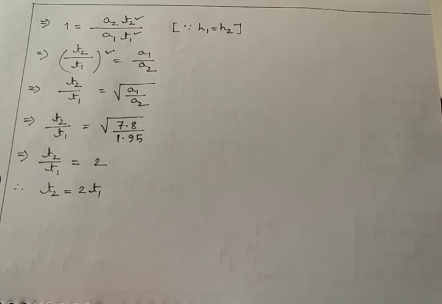After putting the values here, we will get t2 by t1 equals 2, that means t2 equals 2t1. By following this equation, we can make a declaration that the time for object 2 will be greater than the time for object 1. That means object 1 will reach the base first and then object 2.